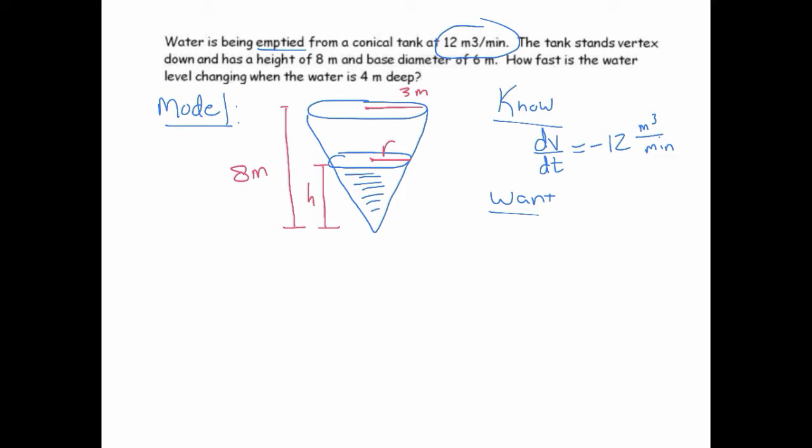The radius is 3 meters, but as a variable, we wanted to call the top of the water cone there R. So what we actually want, because we're asked how fast the water level is changing, is dH/dt. And we want that when the water level is 4 meters deep, so we want dH/dt when H is 4.